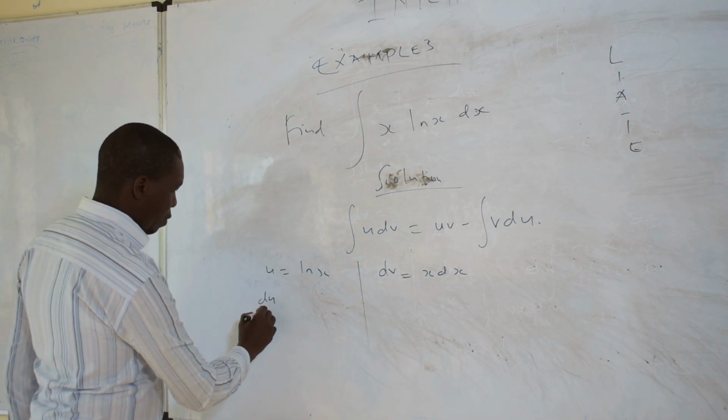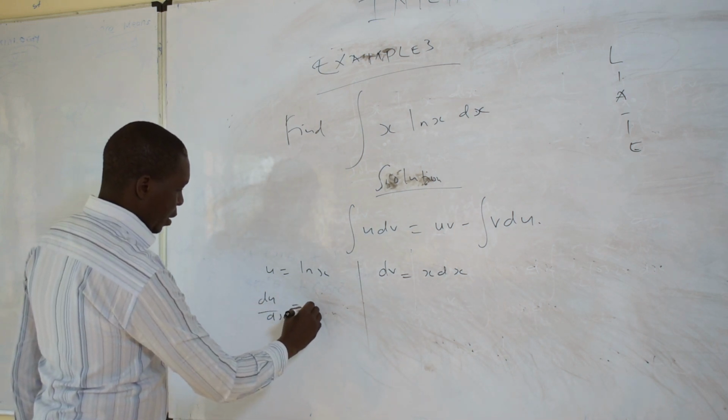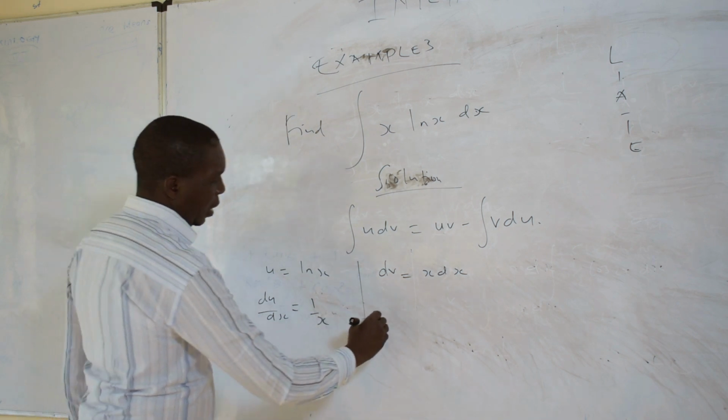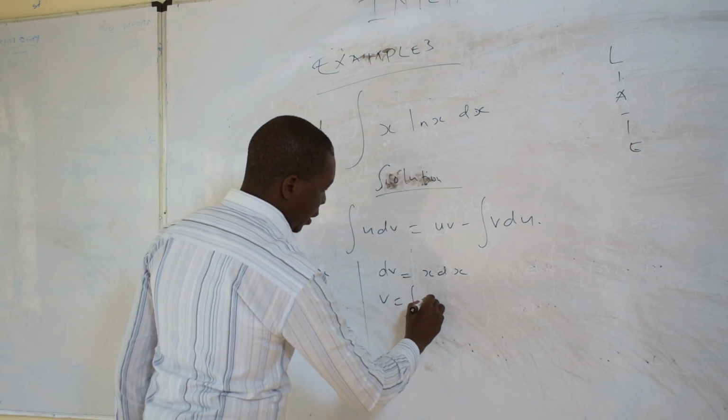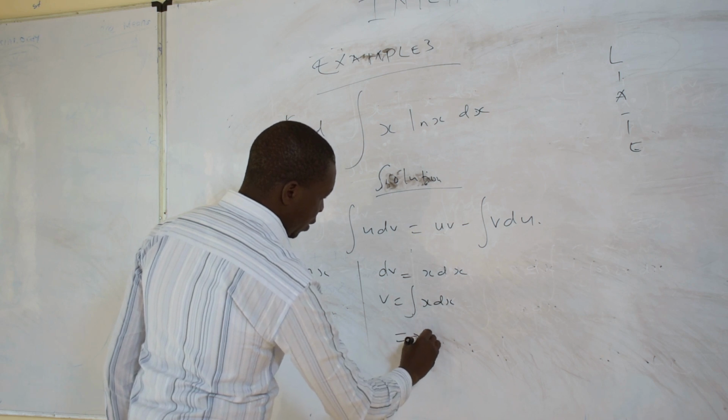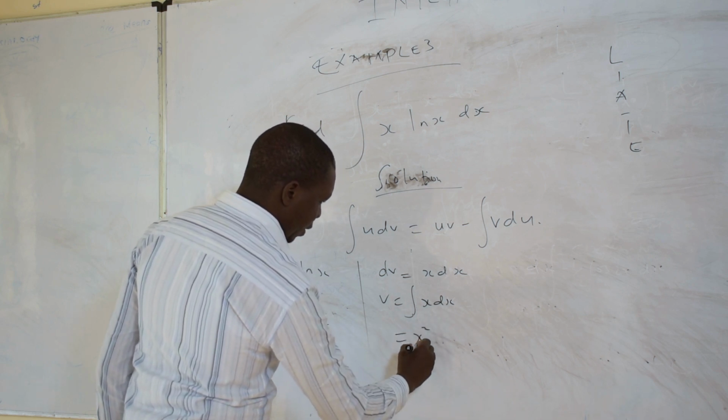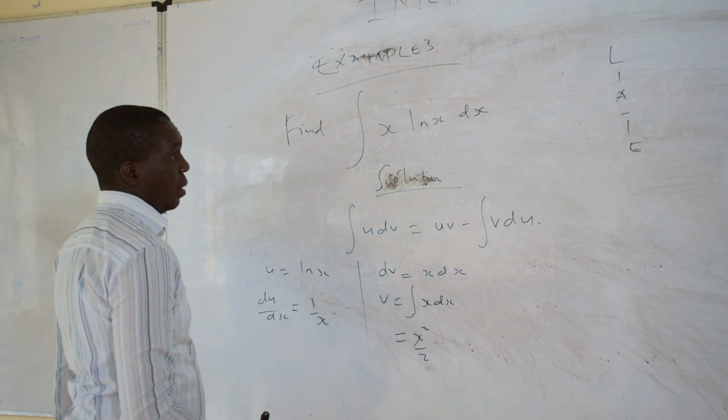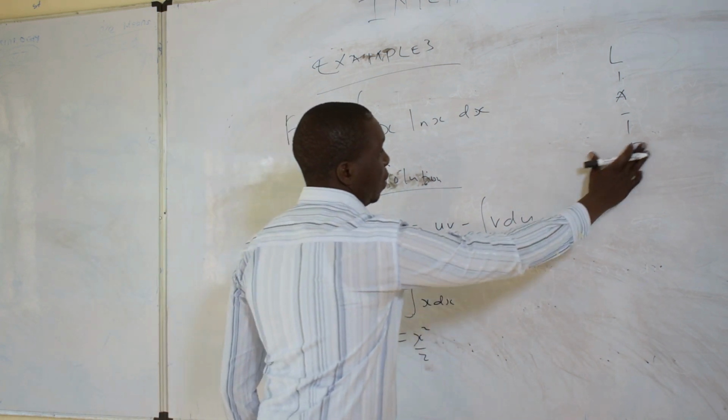Now our du/dx is 1 over x. Our v becomes the integral of x dx, which is equal to x squared divided by 2.